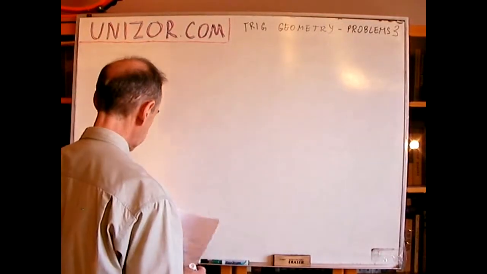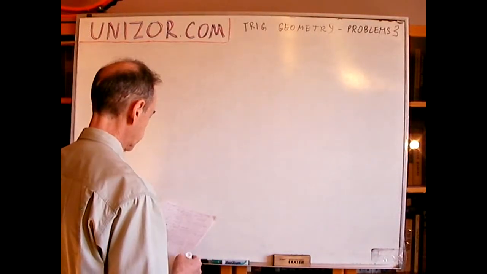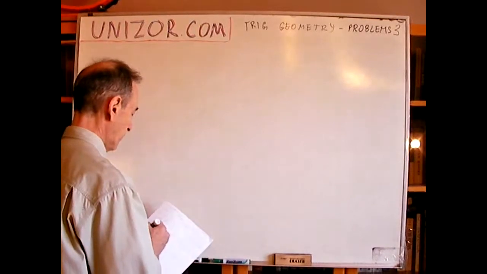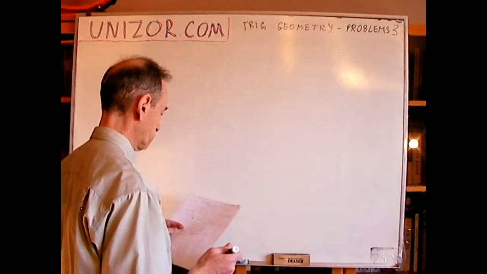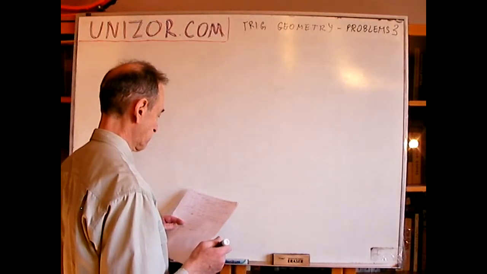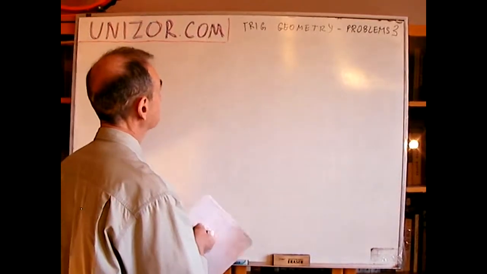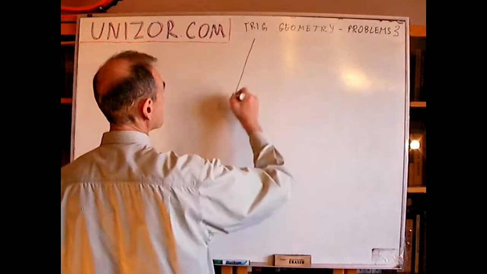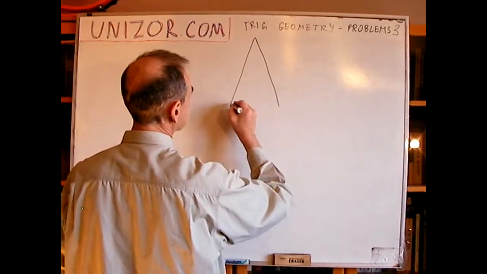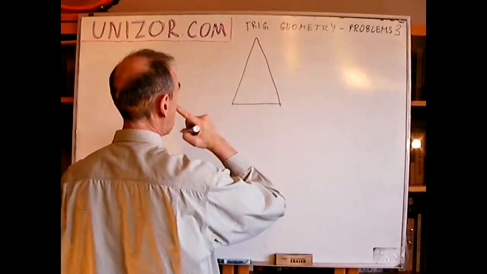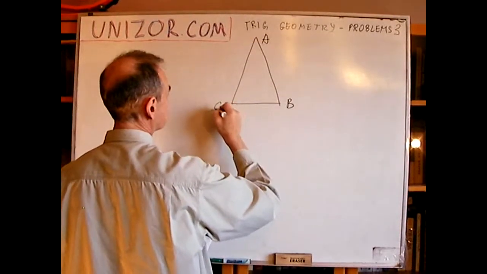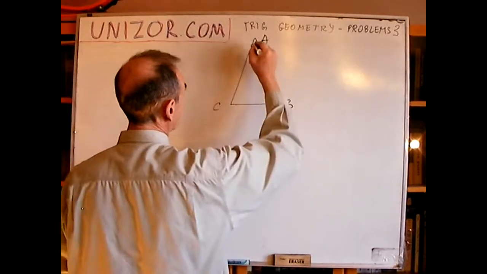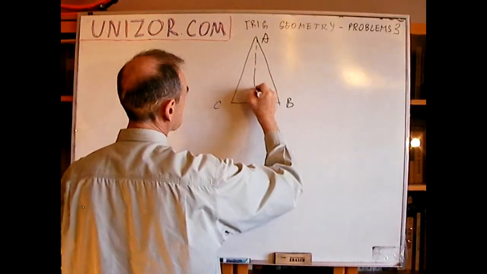All right, next. Next we have an isosceles triangle ABC, and we have altitudes.